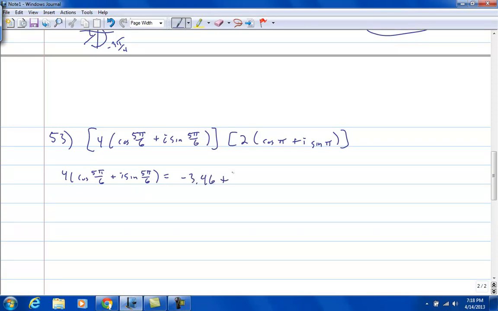And then we do 4 times sine of 5 times pi divided by 6. We're going to have 2i. So to graph that one, it's going to be, let's see, 1, 2, 3, 4, 1, 2, so right about there.